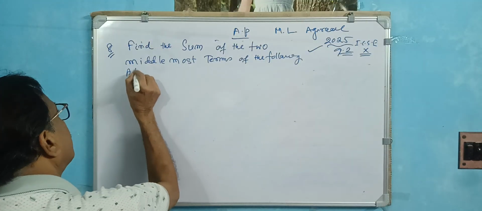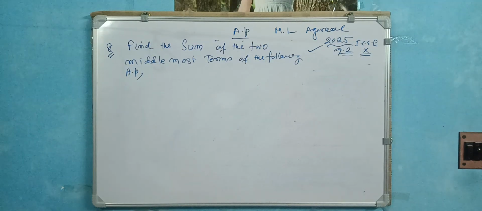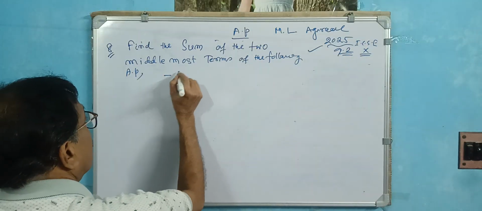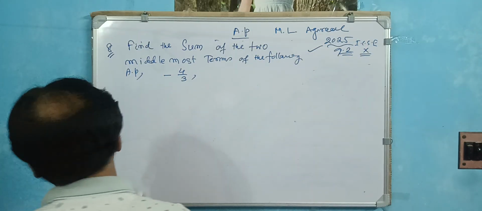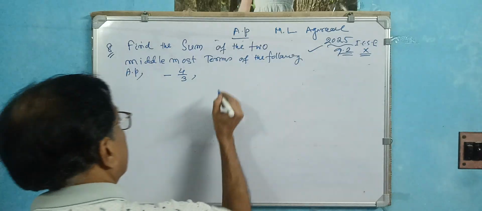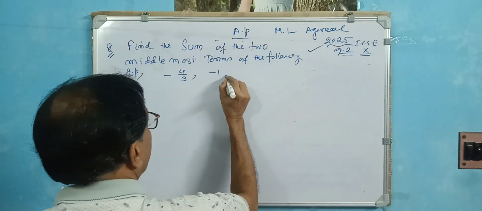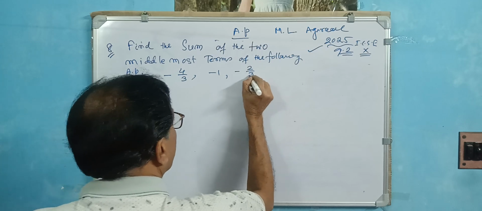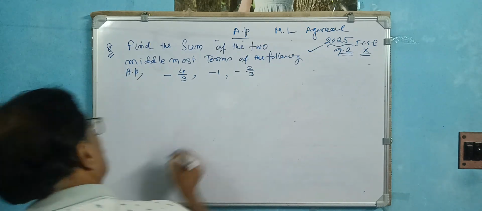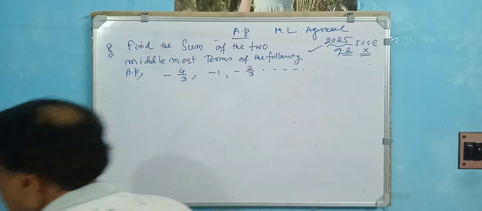Very interesting sum. What is the AP series? Minus 4 by 3, comma, minus 1, comma, minus 2 by 3, dot, dot, dot.